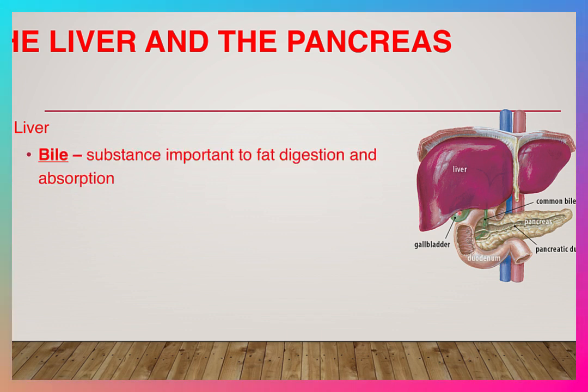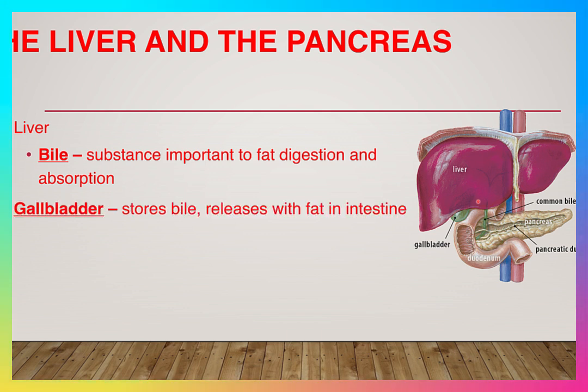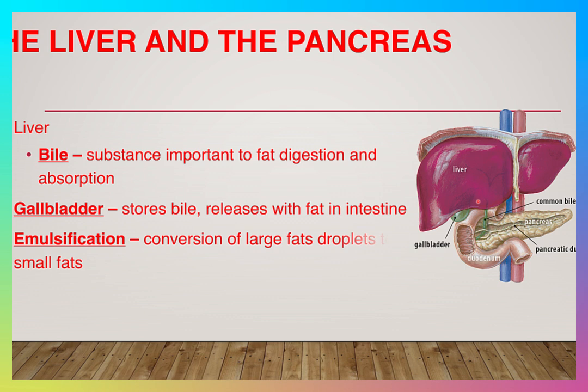Bile is a substance that's important for fat digestion and absorption. If you don't have enough bile, you can't absorb fat, and if you don't absorb the fat, then it is eliminated and causes problems. As I said, the gallbladder stores the bile and releases it when fat enters into the small intestine.